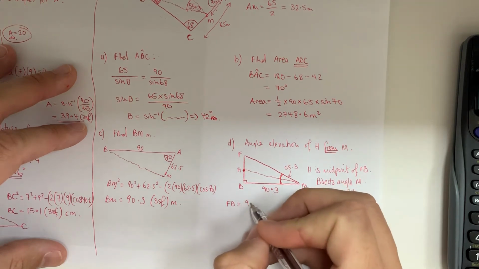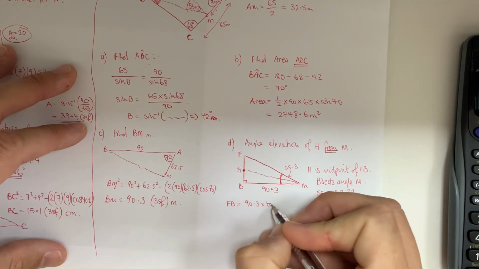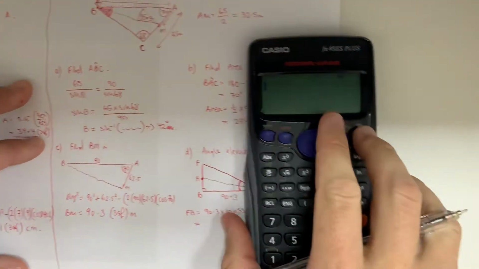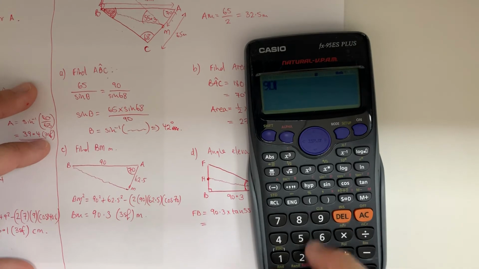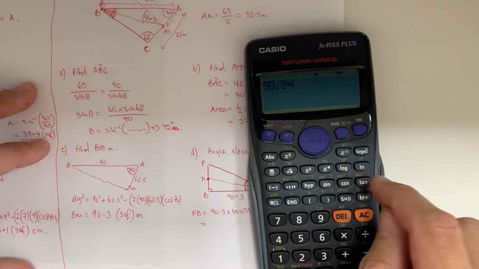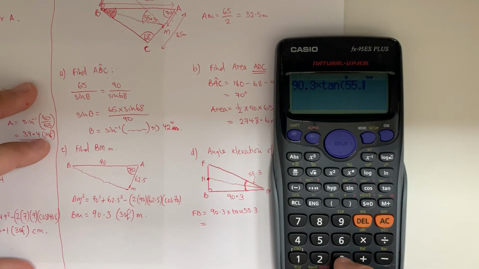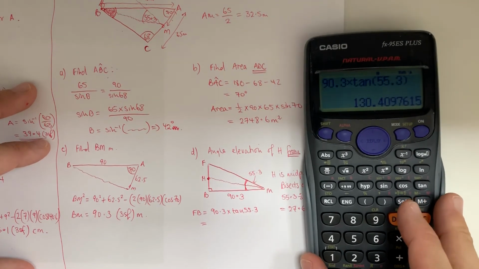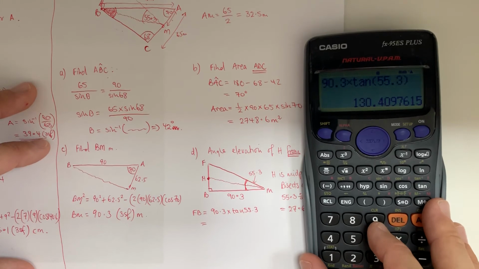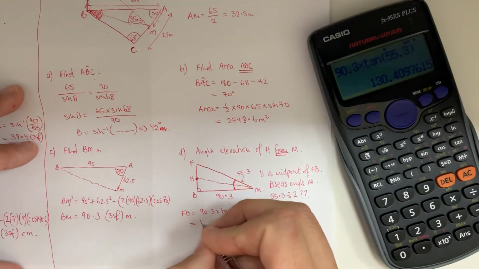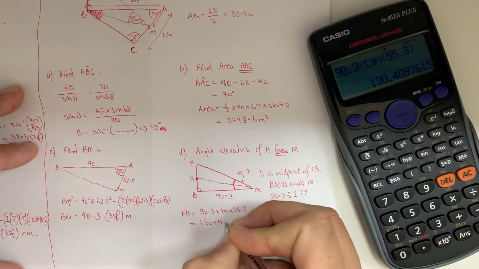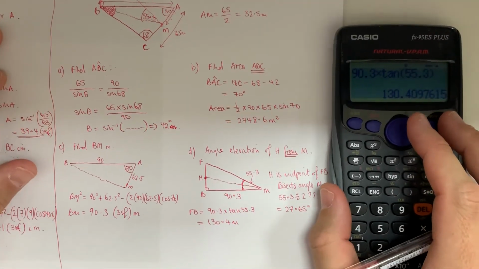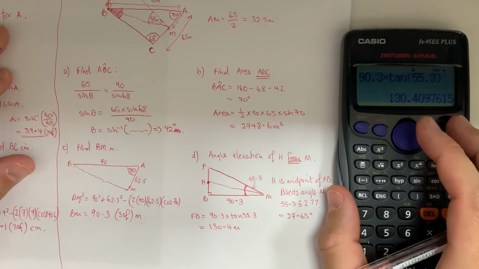So it would be 90.3 times tan 55.3. So 90.3 times tan 55.3. Flagpole's 130.4 meters. Interesting. So the flagpole's pretty high. Bigger than the car park if it falls down.